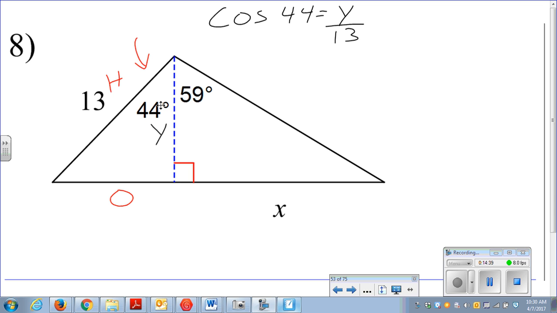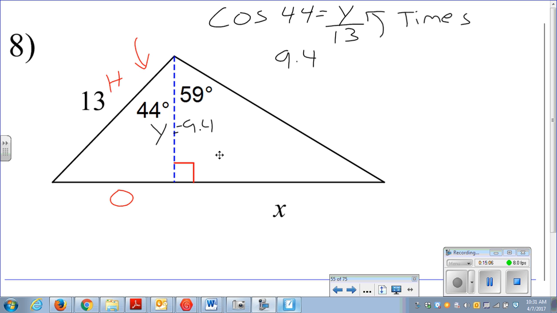So I say cosine of 44 is equal to y over 13, adjacent over hypotenuse. Step 3, decide to multiply or divide. I'm going to multiply in this case because I have my y in the numerator. And I enter it in the calculator and I get 9.4.